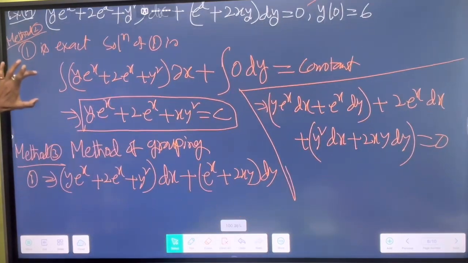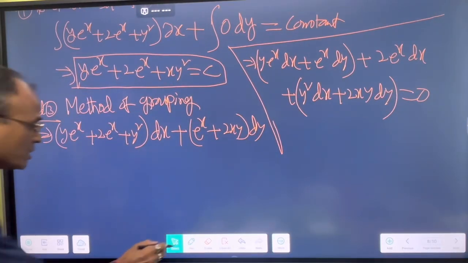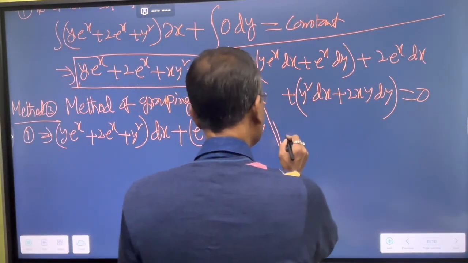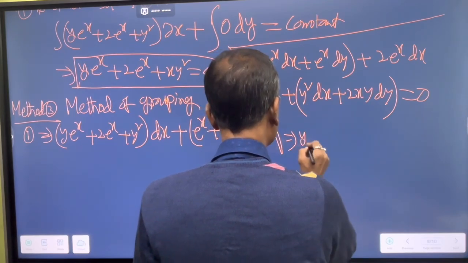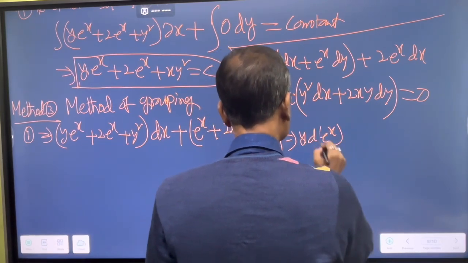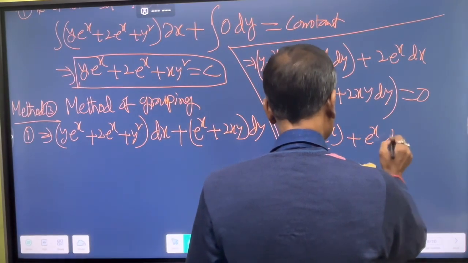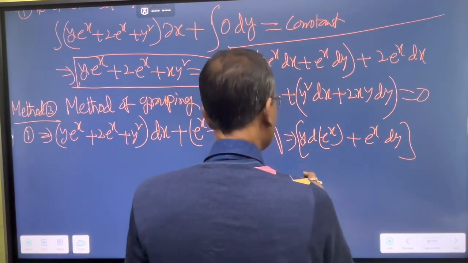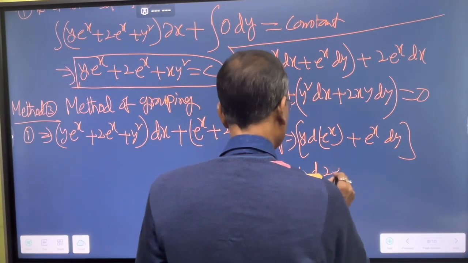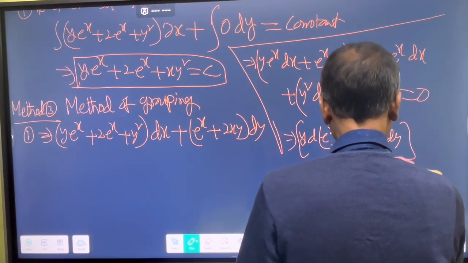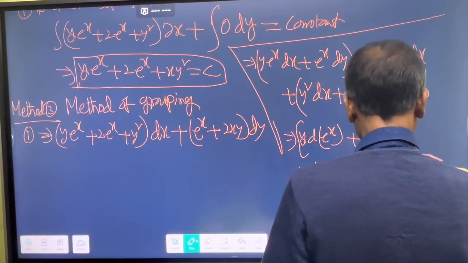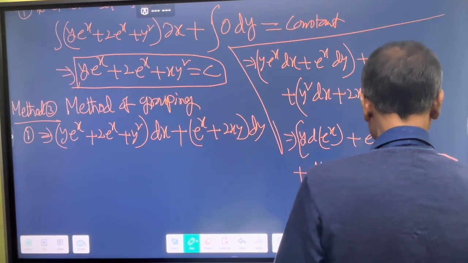Now from this you will get y d of e to the power x plus e to the power x dy, plus d of twice e to the power x plus y square dx plus x d of y square, you may write like this.